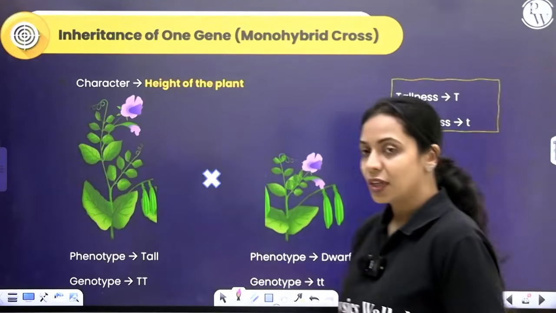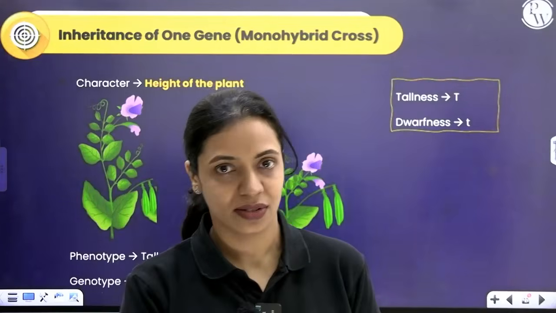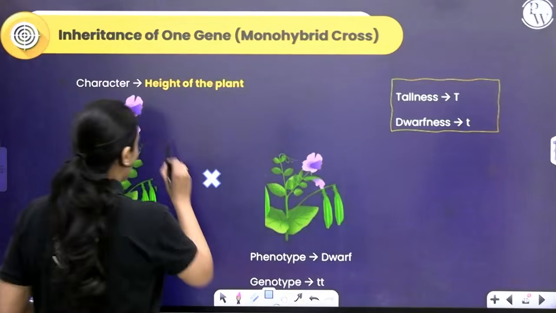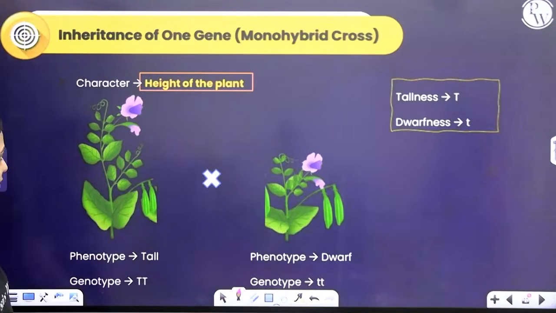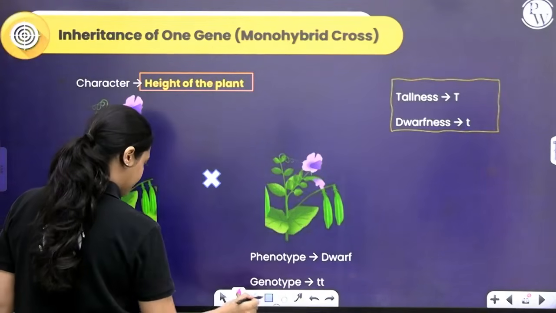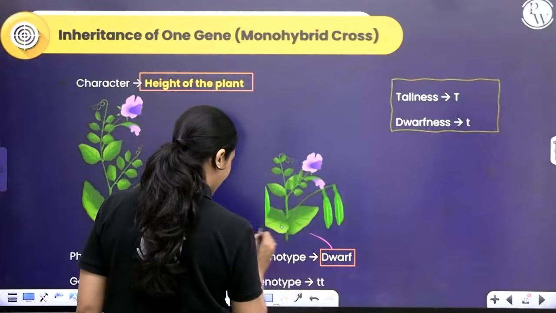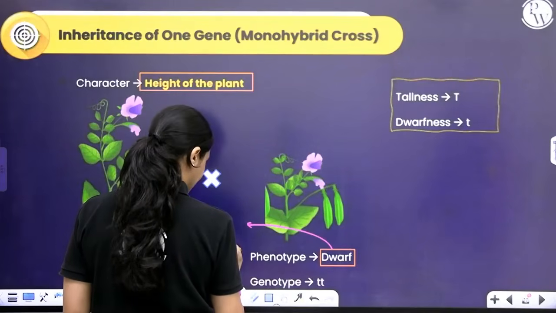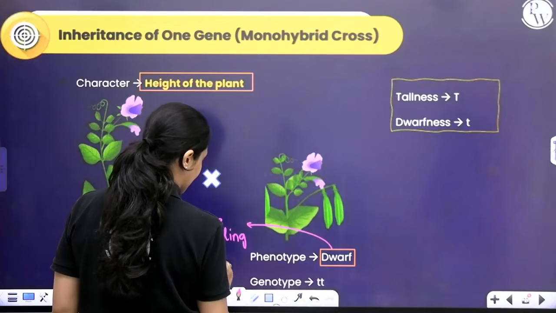Now, let's understand this better with the help of using some letters and symbols. Okay, so we will consider the same character again, which is the height of the plant. I have a tall plant and a dwarf plant. When I mentioned that this tall plant and this dwarf plant, both of these are true breeding lines, what I meant is that they are both homozygous.